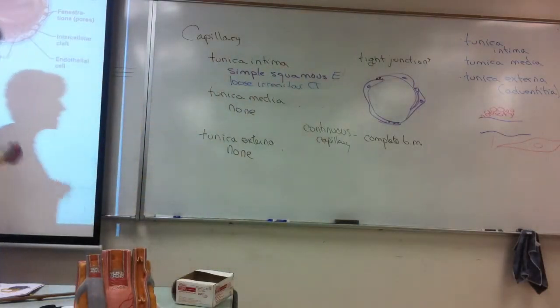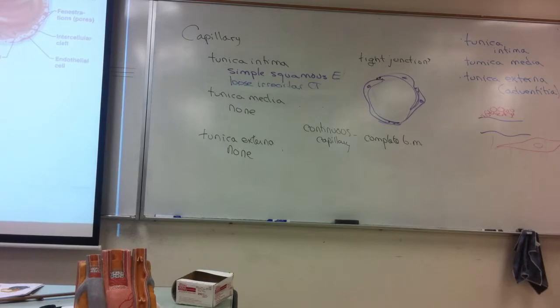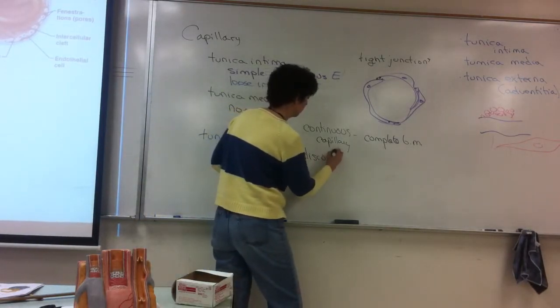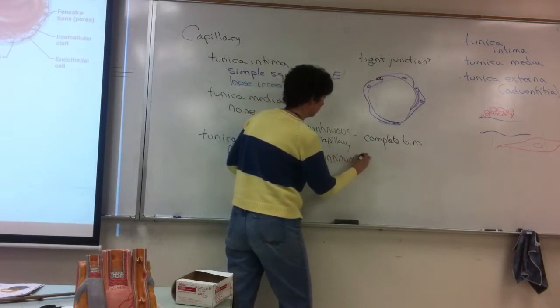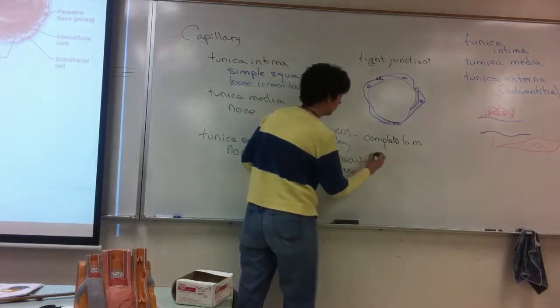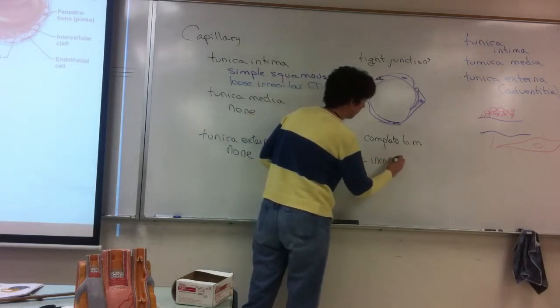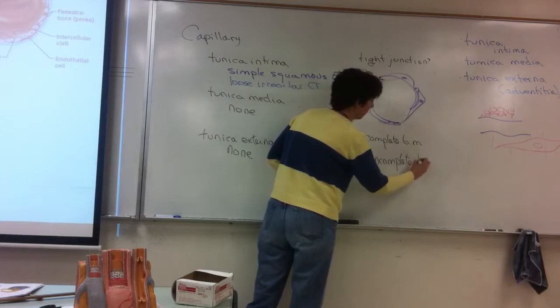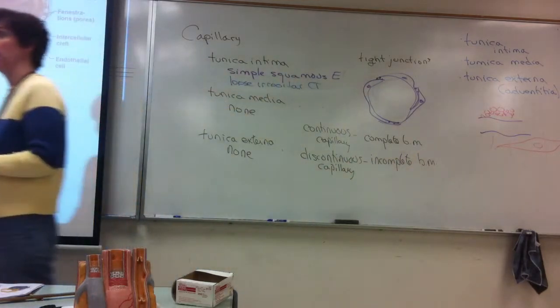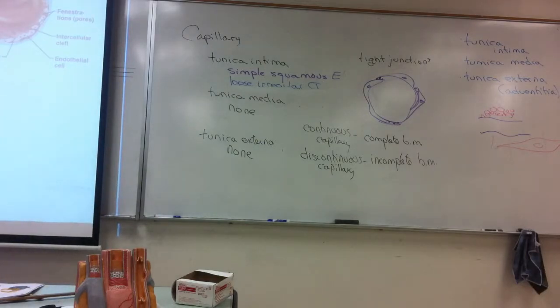If the basement membrane is incomplete, if it's patchy, like you see on the lower diagram here, then it's called a discontinuous capillary. And we usually see this in sites where capillaries are present that large molecules need to pass across the membrane.